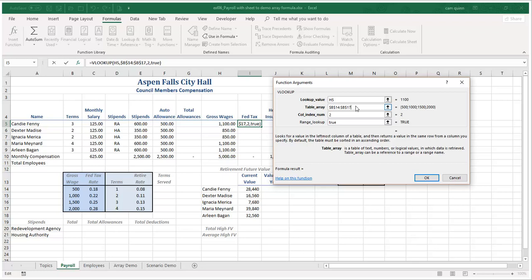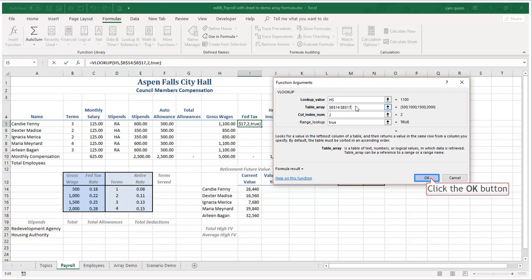And when we're looking up Ignacia Maris, we're going to be looking at H7 and so on and so forth. So if you look at your lookup value, H5 has no dollar signs on it. However, the range where you're looking it up, B14 to B17, I need to have that as an absolute reference. I cannot let Excel change that range of cells, because if I did, it would look up H6 in the range of B15 to B18, which is incorrect. So your table array must be an absolute reference.